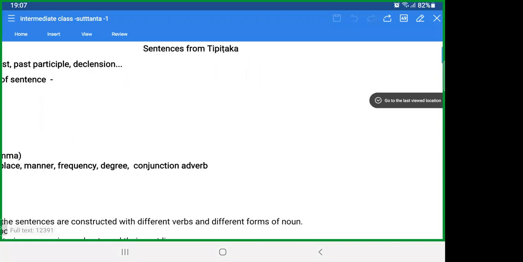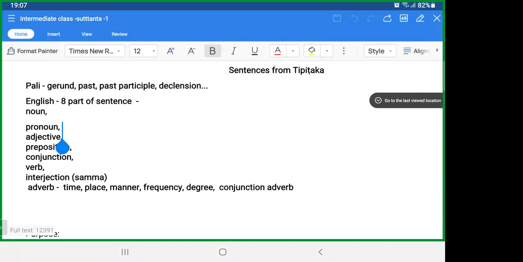As I say, it's not to say we need to know English, but English is helpful because we use English to understand Pali. So for part of speech, you need to understand what is a noun, like Buddha is a noun.